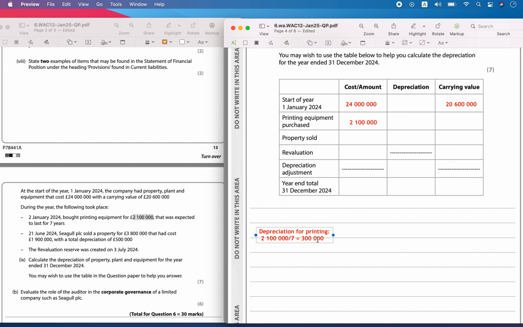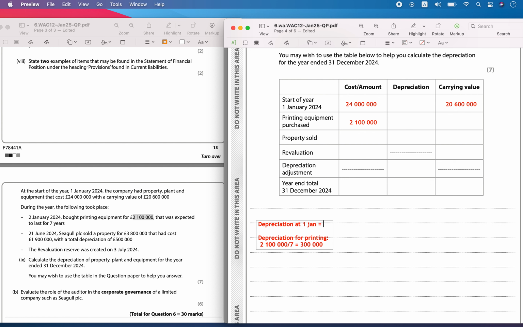So let's write it here. Now let's calculate the depreciation at the start, on 1st Jan.